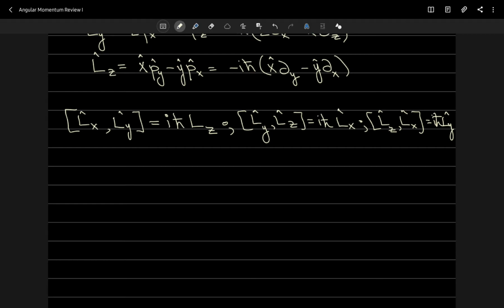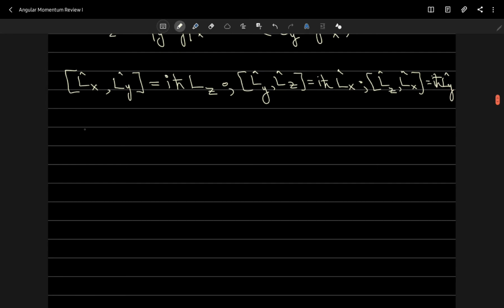But there is something that we can do, and that is if we introduce the square of angular momentum, that is L squared, right, which is defined as simply Lx squared plus Ly squared plus Lz squared, right?